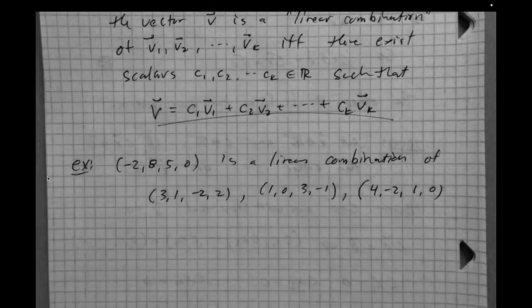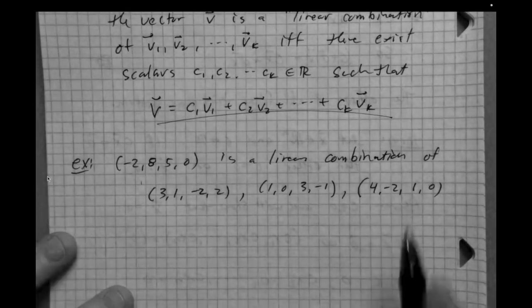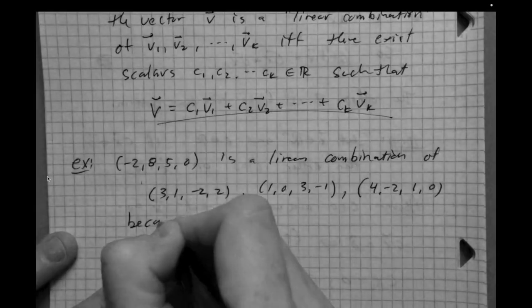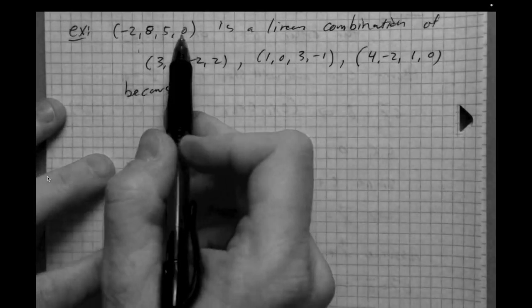So this vector here is a linear combination of these three. And why can we say that? Because I can find scalars such that I can create a sum product to give me this vector here.